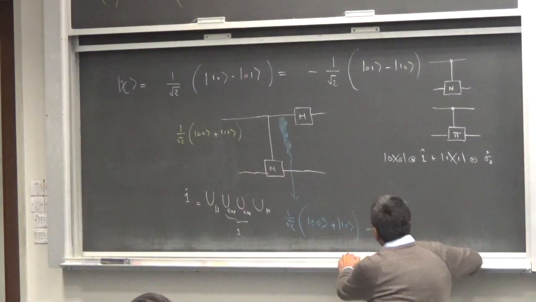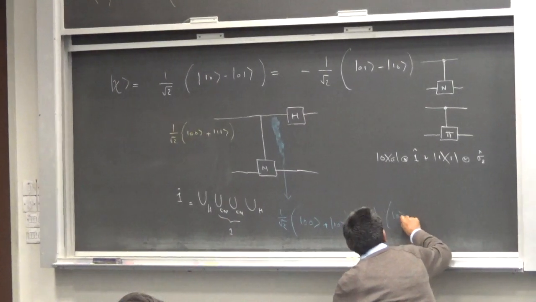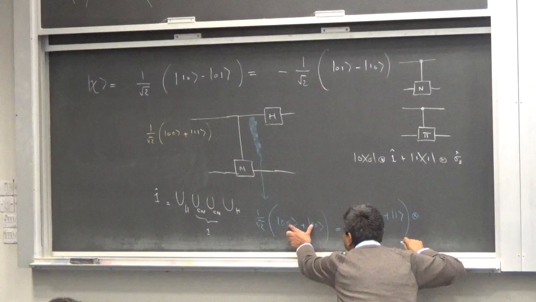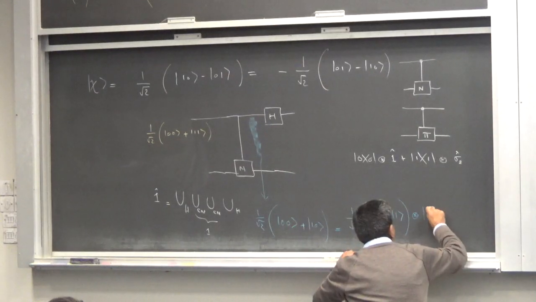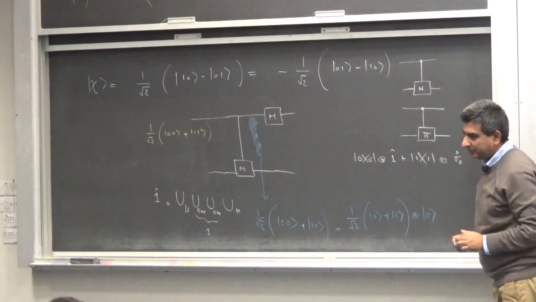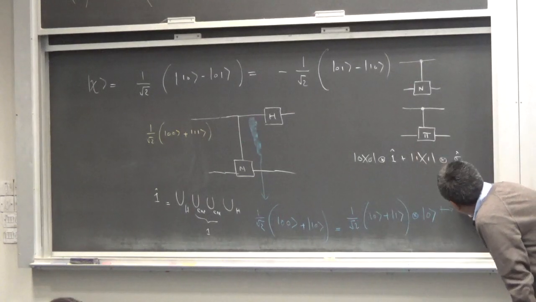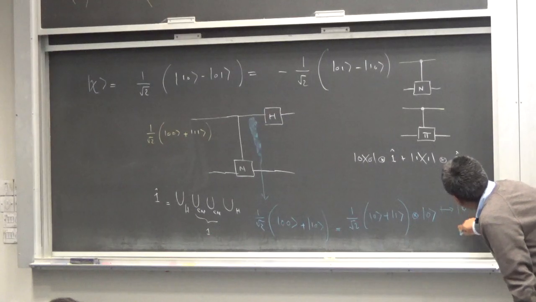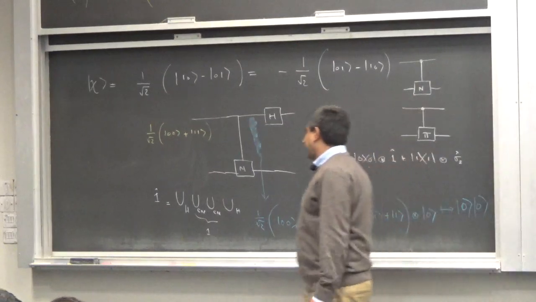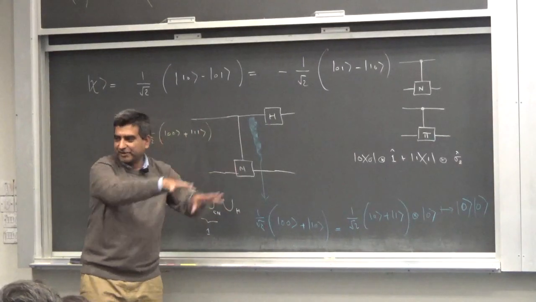This is 1 over root 2, the first qubit is ket 0 plus ket 1, tensored with the second qubit, which is always ket 0. Got it? Now you do the Hadamard gate on the first qubit only. This gets back to ket 0, and nothing happens to the second qubit, right? In fact, you could use the outer product notation and see how it acts on the input states.